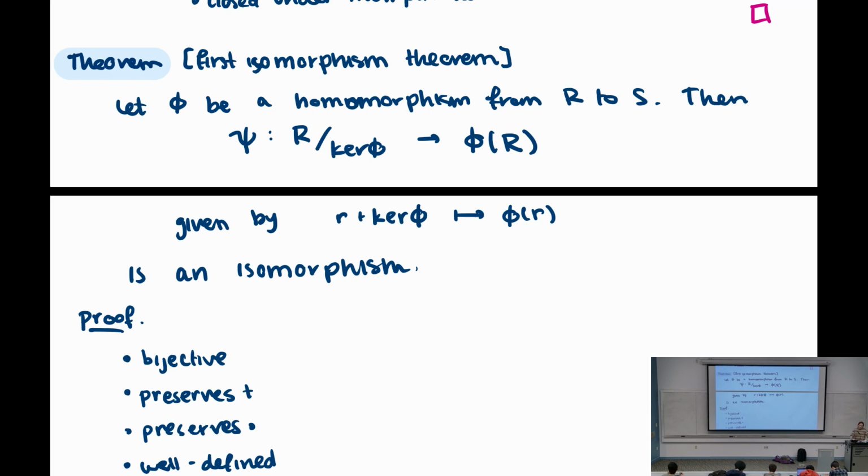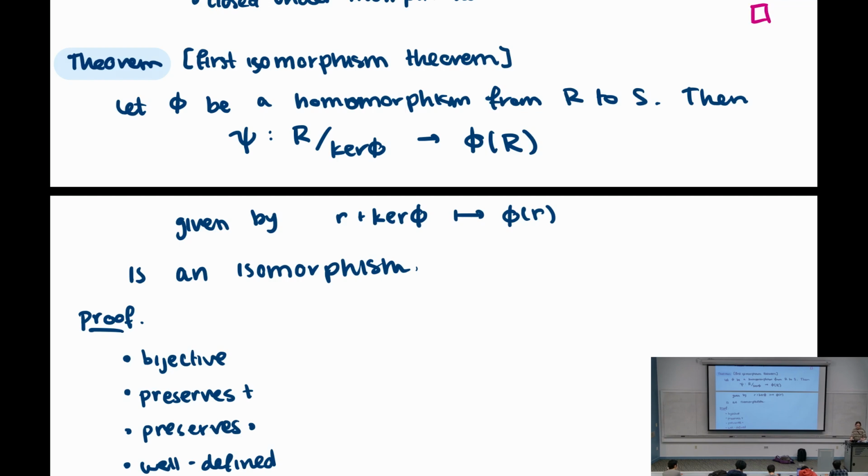Okay, but we had the same statement for groups. So a lot of these we already know. So which ones do we already know? R and S are groups with respect to addition, and we had this statement already for groups, right?